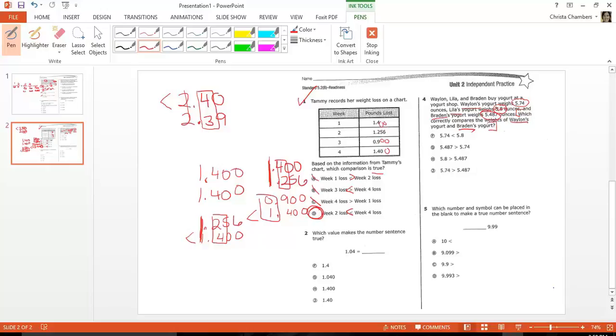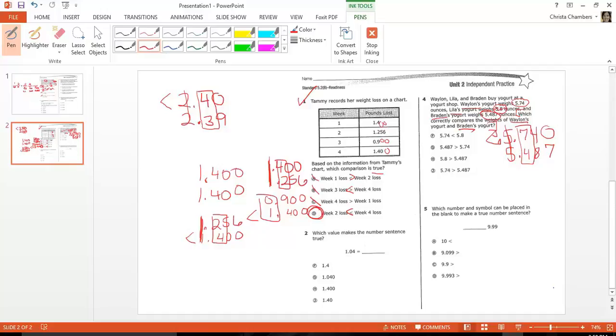Okay, Waylon was 5 and 74 hundredths, and Braden was 5 and 487 thousandths. Notice how I lined my decimals up. I'm going to put a 0 on the back so they're even. I'm going to start comparing places. The ones place is the same. But right here, tenths place, 7 is bigger than 4, so my alligator mouth should be eating the 5 and 74 hundredths.